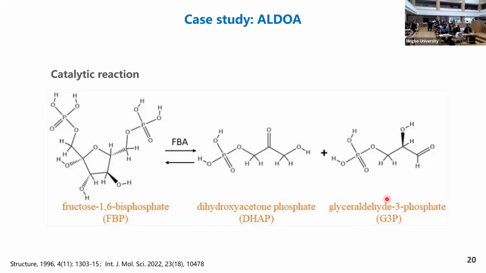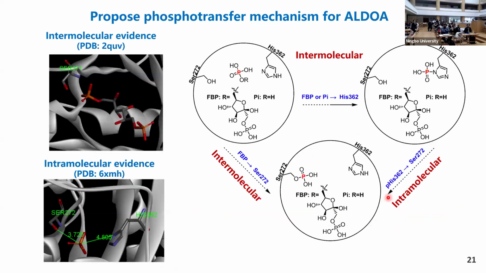And we have found that in the catalytic pocket of this protein, there is a buried phosphosite, that is phosphorylated serine 271.